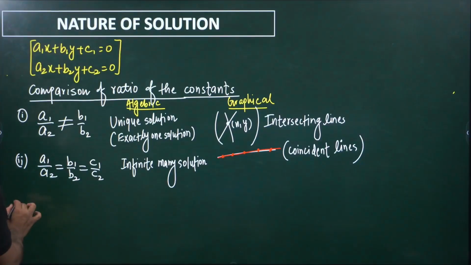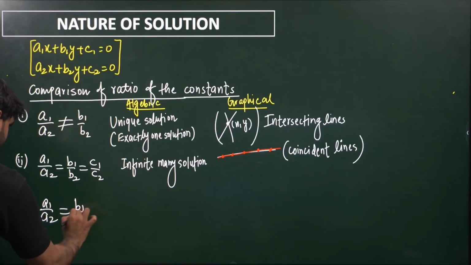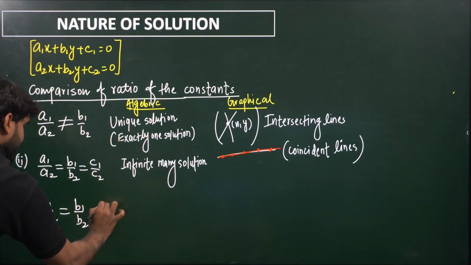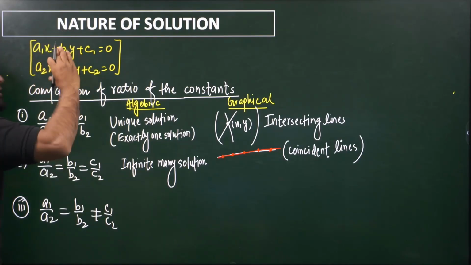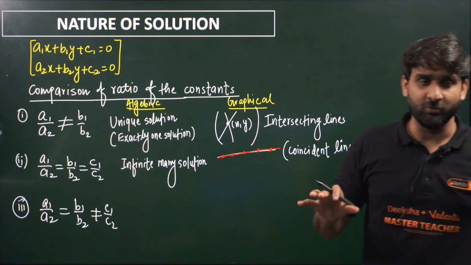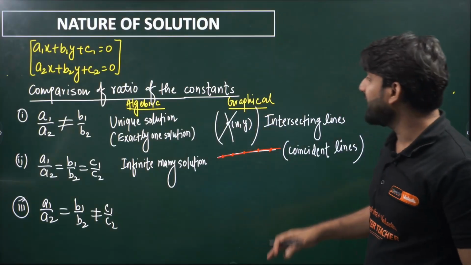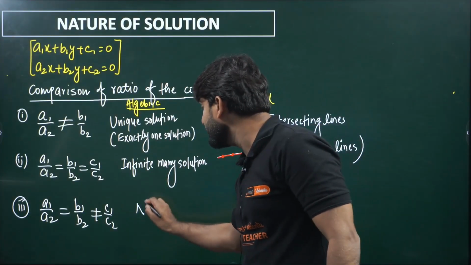Clear everyone? And third we have, if A1 by A2 is equal to B1 by B2 but not equal to C1 by C2. The first ratio is equal to the second ratio but not equal to the third ratio. So my dear, algebraically, it implies that there will be no solution.